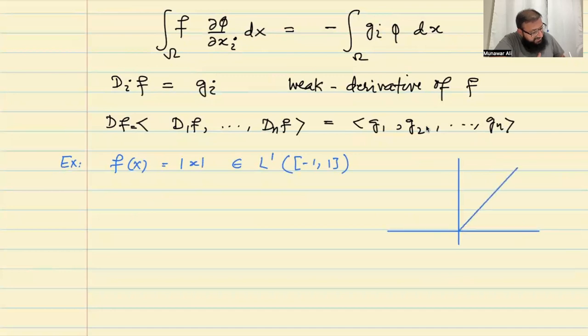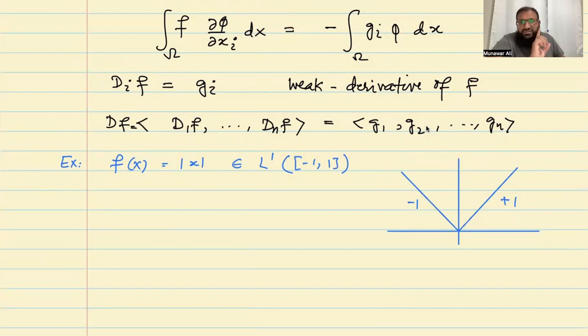It simply looks like this. The function has slope +1 here and slope -1 here. You know very well its classical derivative, but the problem is we cannot define the derivative of this function at 0. But we can define the weak derivative of this function. And we'll ask, what is the weak derivative of this function?